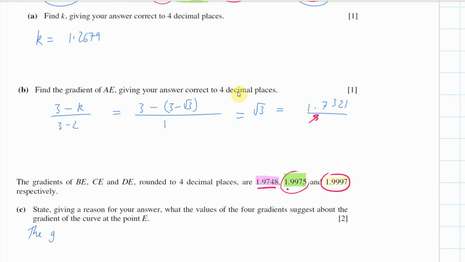The gradient at point E seems to be 2. And the reason for this is, as the points get closer to E, the gradient approaches 2.